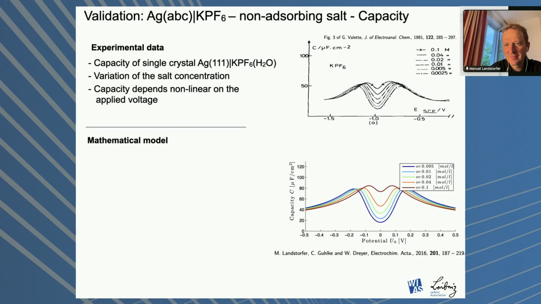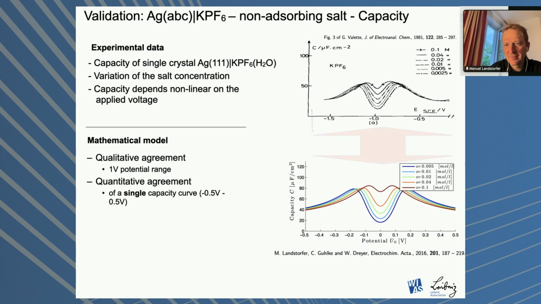And below you can see what the model I just showed you before is able to predict in terms of differential capacitance. So we have a qualitative agreement in the 1 volt potential range. You get quantitative agreement with respect to absolute values of the differential capacity, and also simultaneously with respect to salt concentration, without any parameter adjustment.